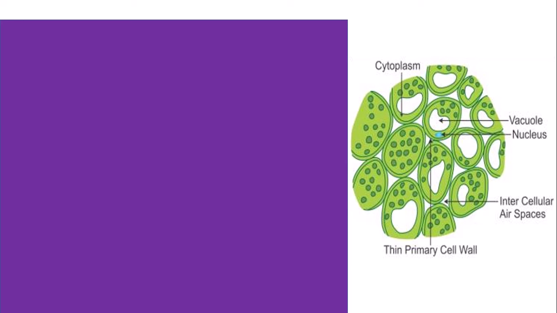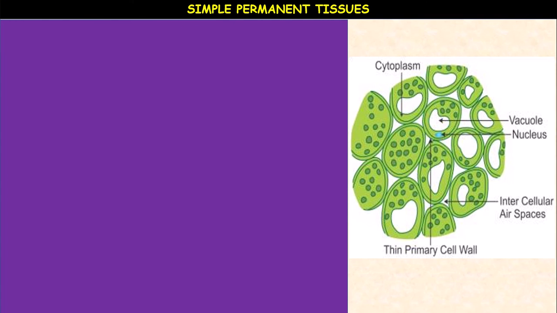Okay. So, let us proceed. First, simple permanent tissue, parenchyma. Parenchyma is a simple permanent tissue. It consists of thin walled living cells which can have intercellular spaces.